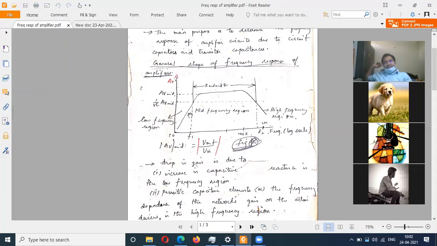This is due to what? Easy question, I told many times. Circuit capacitors or junction capacitors? Which capacitors? Please give answer.